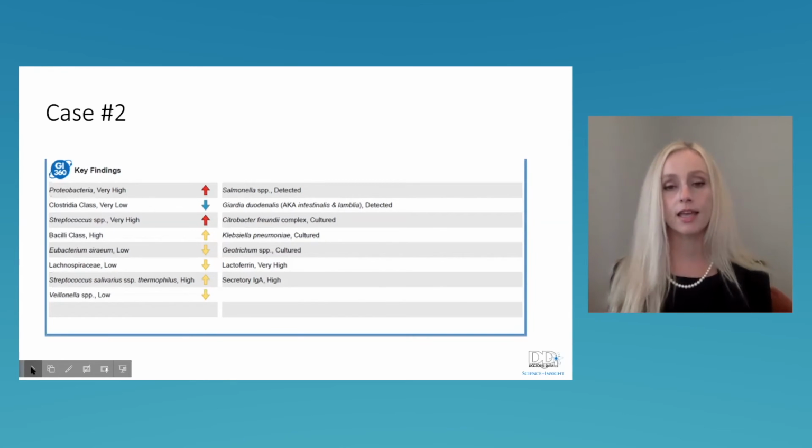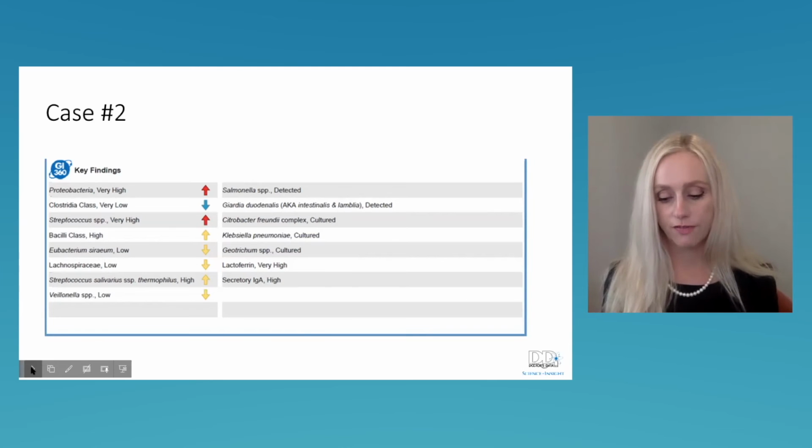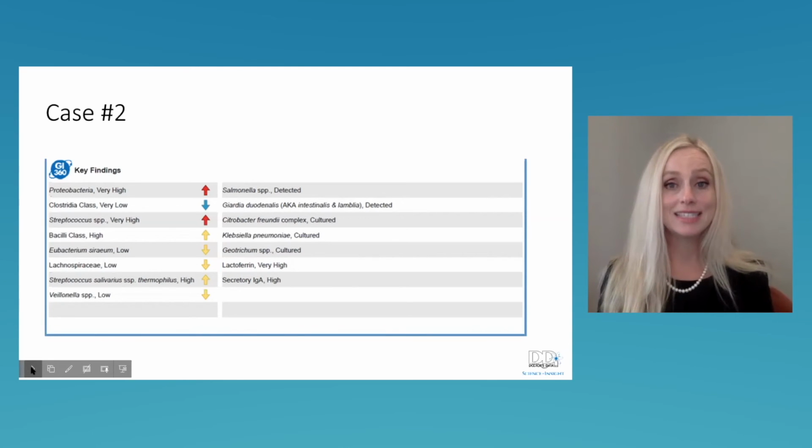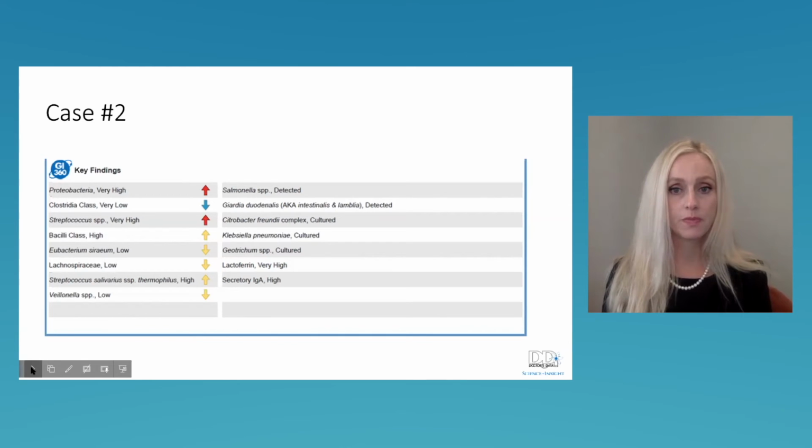Then we look at the second column here, the additional findings, and we see some key findings here. So the first thing we note is Salmonella detected, Giardia detected. So we have that bacteria, that parasite, and then we also have cultured Citrobacter and cultured Klebsiella.